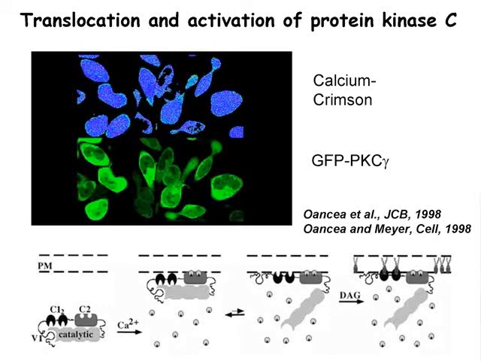This model is shown schematically from a paper many years ago in the bottom part of the slide. So I use this as a first intro into the power of using imaging technology to deduce something about the function of proteins.